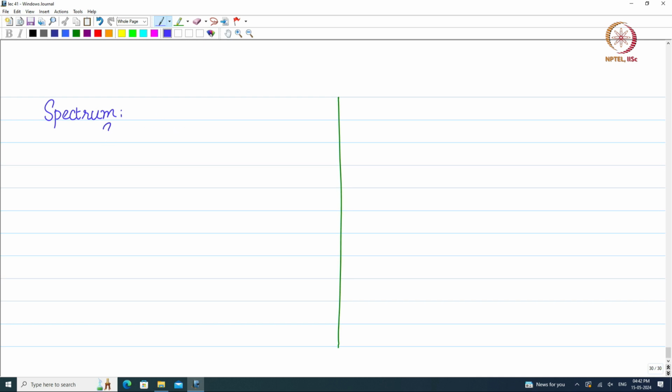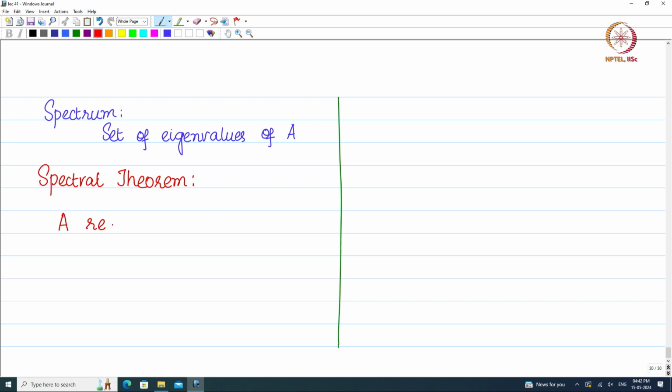The set of eigenvalues of A is called the spectrum, and we have what is called the spectral theorem, which says that a real symmetric matrix A, let us say n by n, has the following properties.